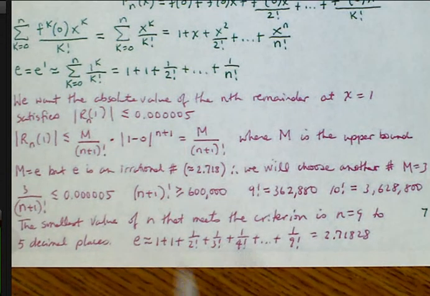If I take e out to 9 factorial, that gives me 1 plus 1 plus 1 over 2 factorial plus 1 over 3 factorial plus 1 over 4 factorial, and so on. I keep punching the numbers into my calculator, and I end up with 2.71828. So out to 1, 2, 3, 4, 5 decimal places, this is actually accurate.